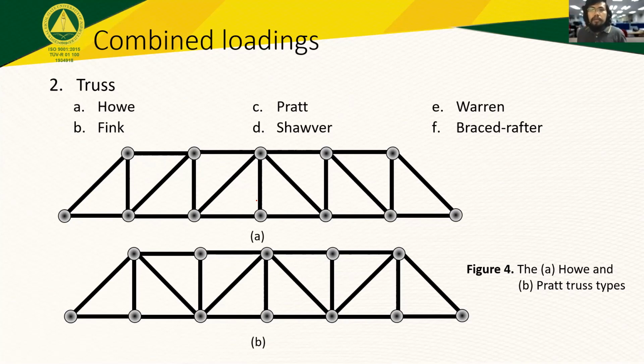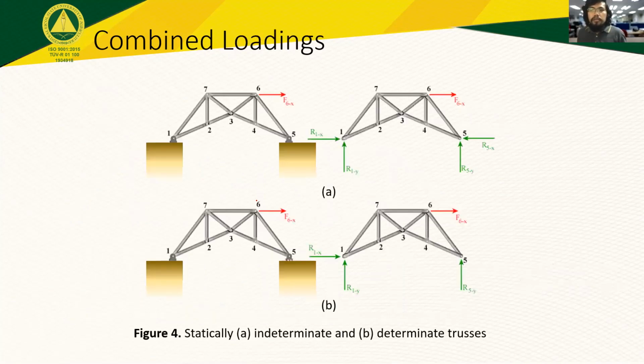And we have here the Howe and the Pratt, with differences merely in the orientation of the inner members of the truss. Now let's go directly to the computations. But before that, we have a review of the statically determinate truss. And what is this?